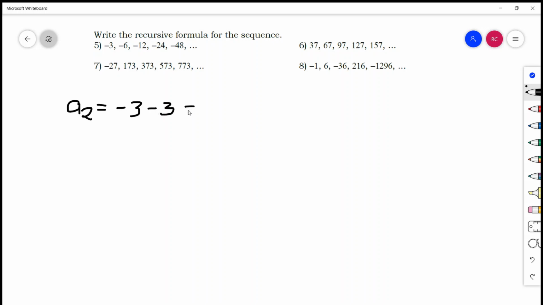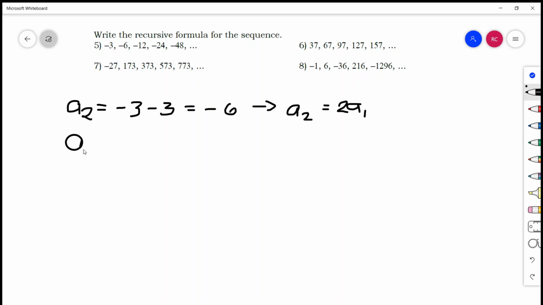This is equal to negative 6, or just simply a sub 2 is equal to twice our a sub 1.